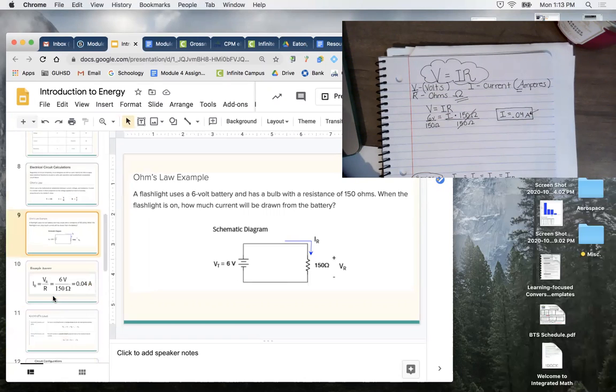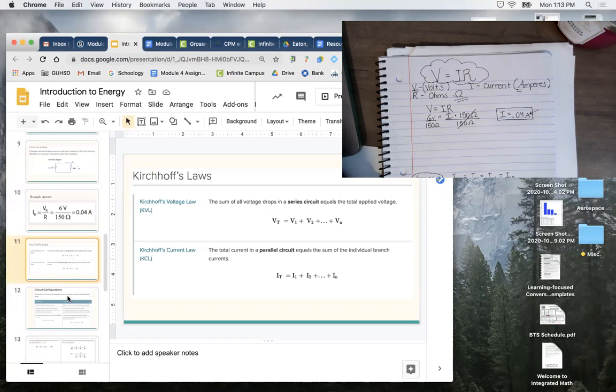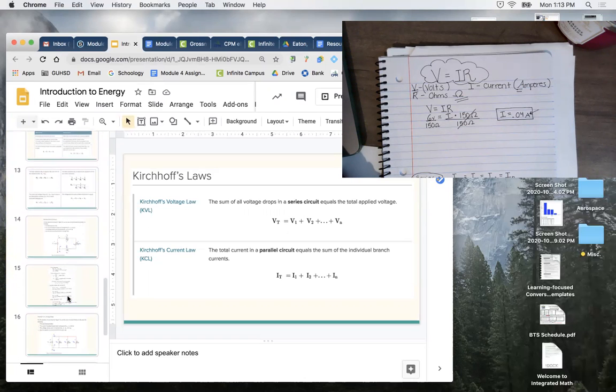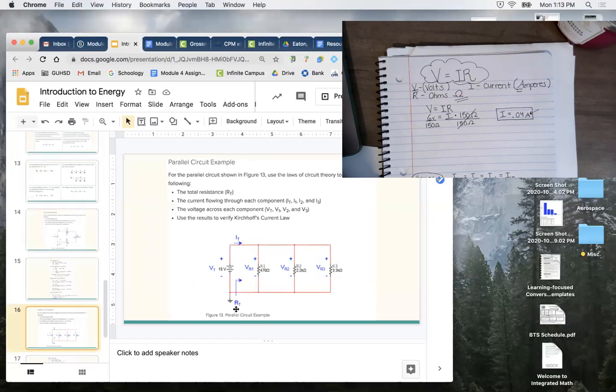Okay, so the next concept that we're going to be covering is the idea of a series circuit versus a parallel circuit. I'm going to actually pop down so you can see the difference. A series looks like this. You'll notice there's actually a couple of resistances built in here, but it goes around in a flow like this, whereas a parallel circuit looks like this.